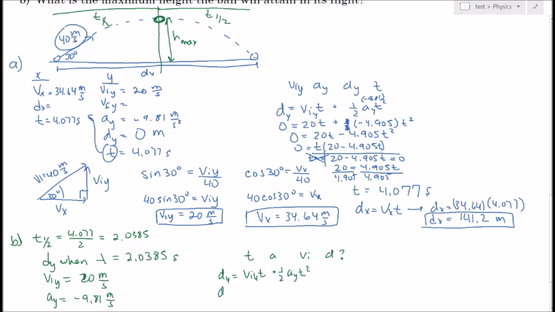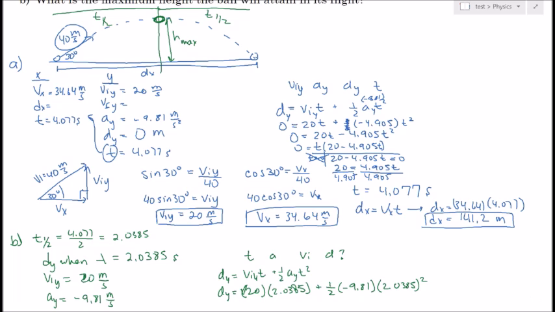So dy is going to be VI, which is 20, times the time, which is the half time, right? We're not interested in what happens in the full time. We already know it's going to be on the ground at that time. Plus 1/2 negative 9.81 times 2.0385 squared.